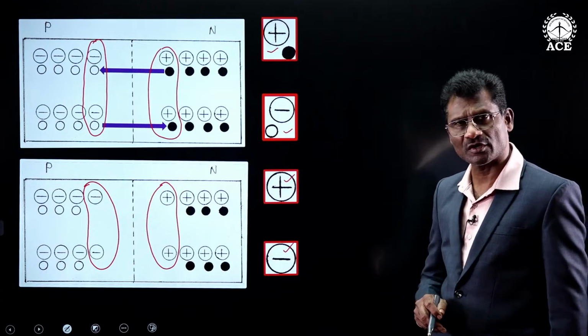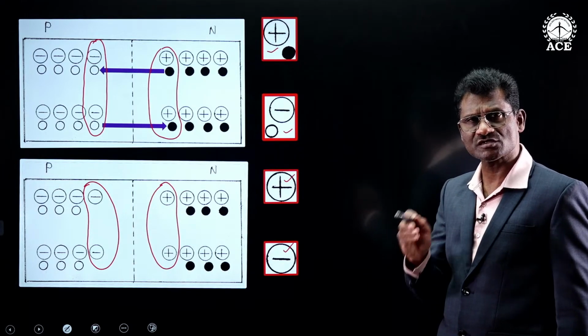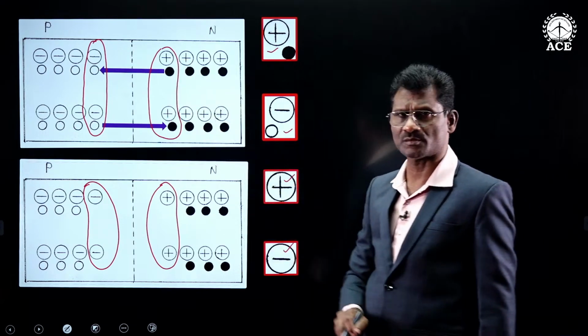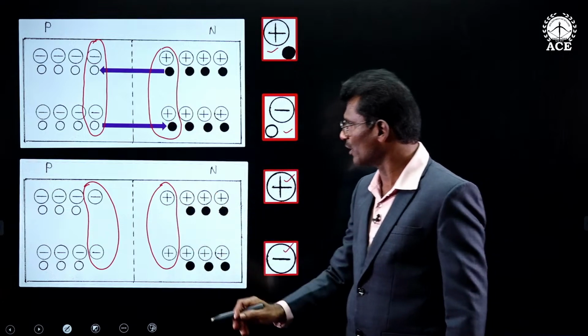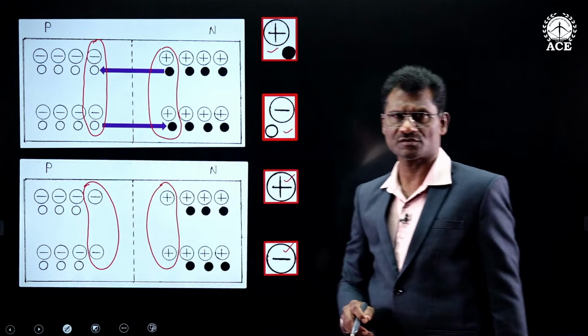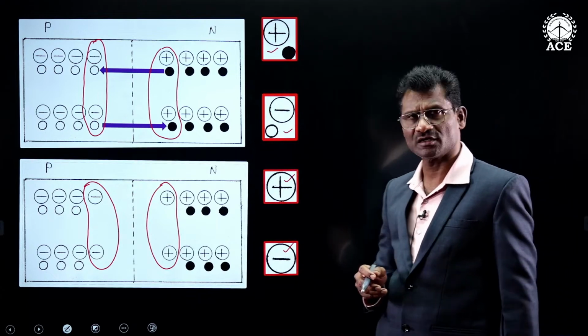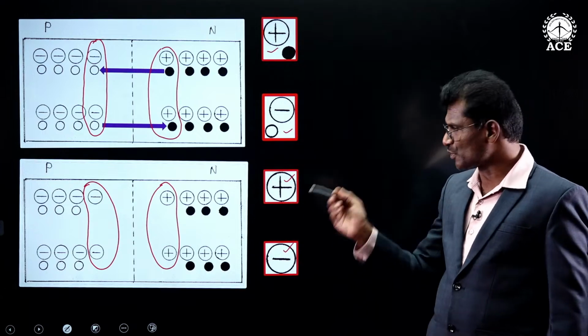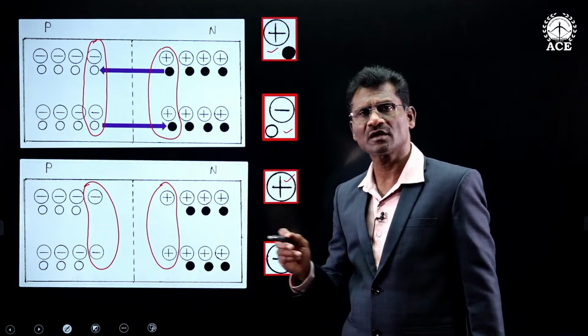So due to the difference in concentration, the diffusion process has started, and these neutral donor atoms have become positive ions. These neutral acceptor atoms have become negative ions, and hence at the center we can state that positive and negative ions got created.